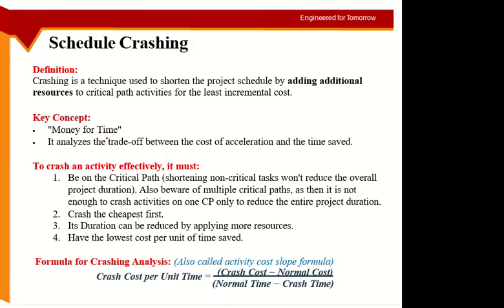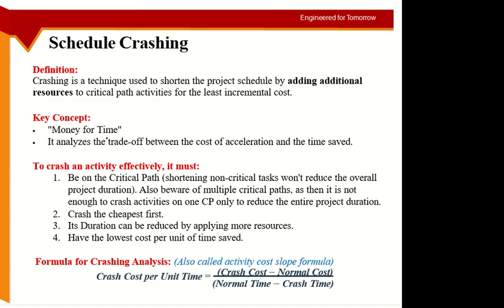For example, you have 2 critical paths, both of them giving the same duration, let's say 60 days. If you do the compression on one critical path, that path goes from 60 to 58. The other path is still 60 days. So the project will still finish in 60 days.